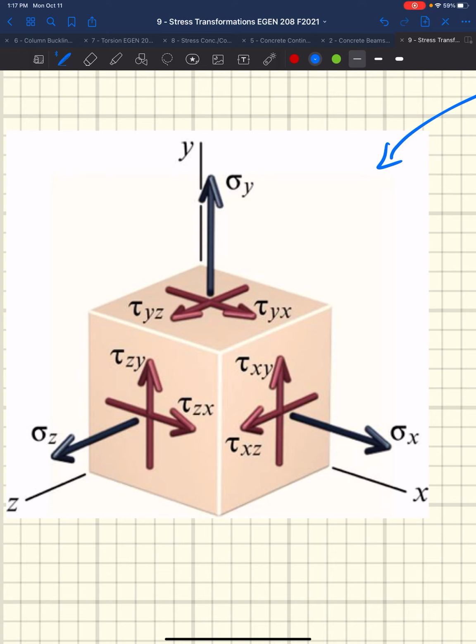Similarly for each of the other sides, so we have tau xy, tau xz, tau zy, and tau zx. So the first letter is the face in which it acts: is it on the y faces or the x faces or the z faces? And then the next letter is which direction it is acting: is it acting parallel to the x-axis, the y-axis, or the z-axis?